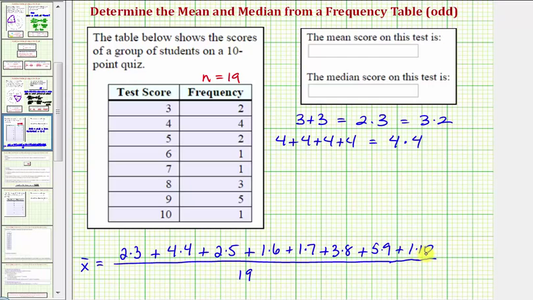The sum of these products would give us the sum of all 19 data values.